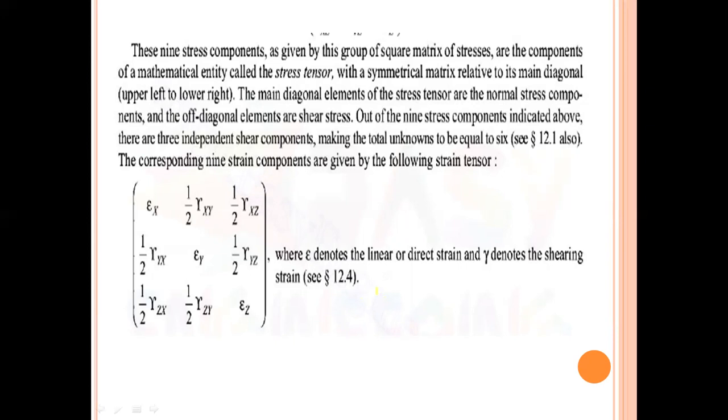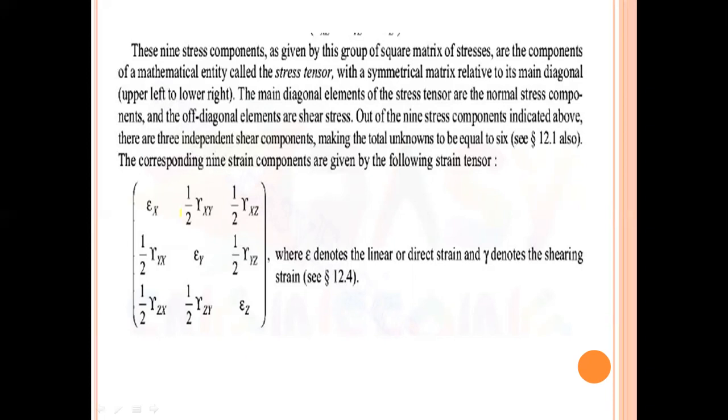The main diagonal elements of the stress tensor are the normal stress components and the off-diagonal elements are the shear stresses. Out of the 9 stress components indicated above, there are 3 independent shear components, making the total unknowns equal to 6. The corresponding 9 strain components are given by the following strain tensor.